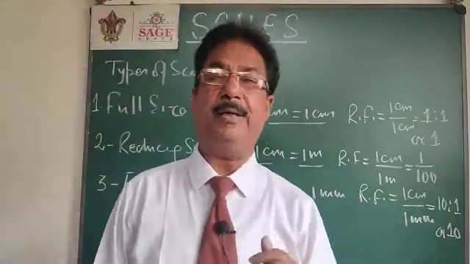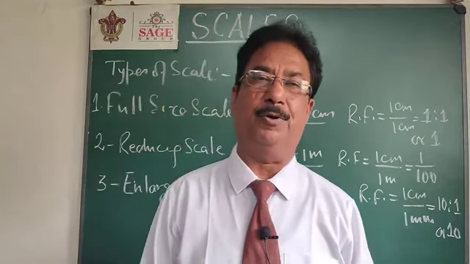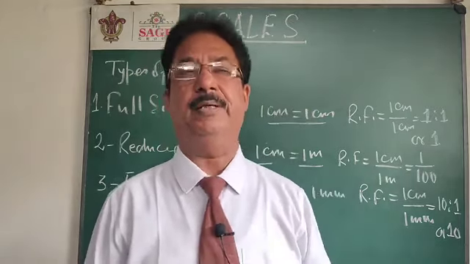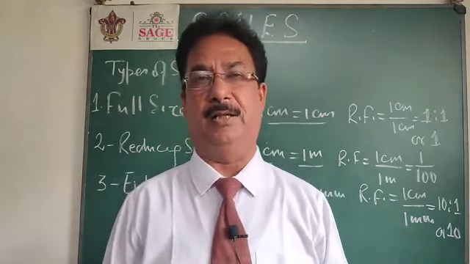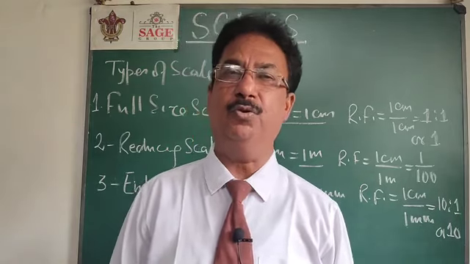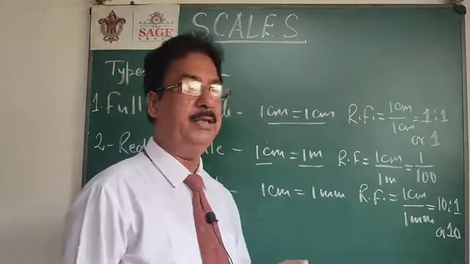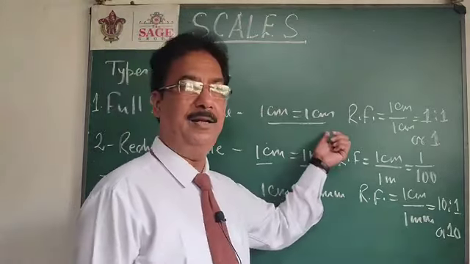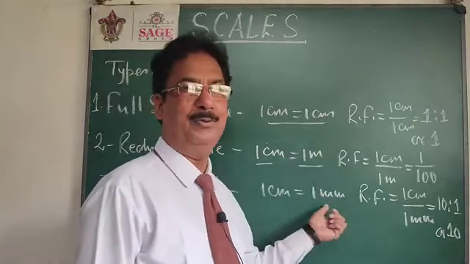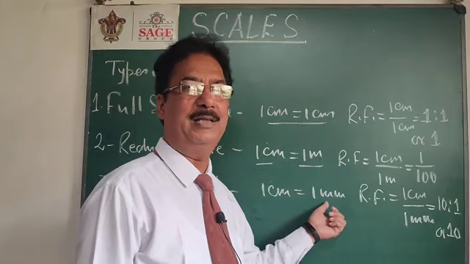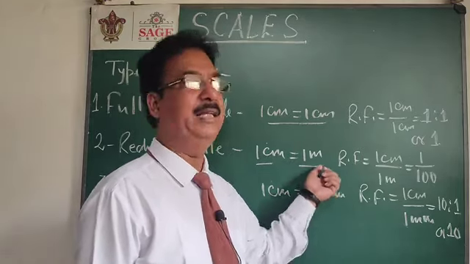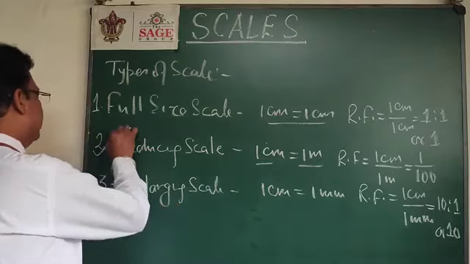The scale we have been using from the beginning, in our compass box or in our mini drafter, is actually a full size scale, and its RF will be 1:1. But if I talk about civil engineers, they cannot use a full size scale. There is no way they can use an enlarging scale. They will always use a reducing scale.